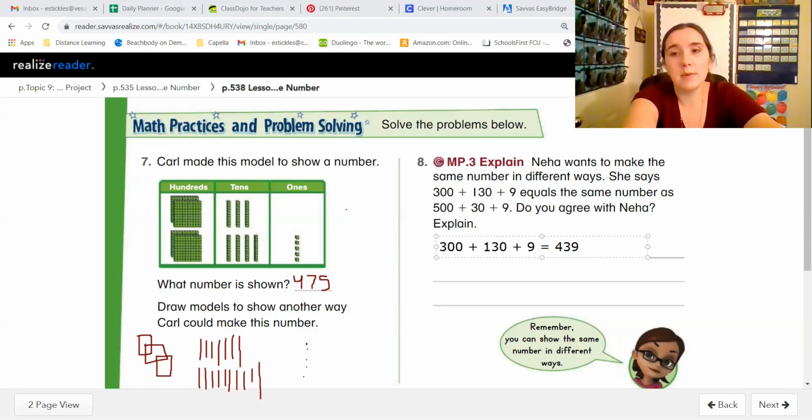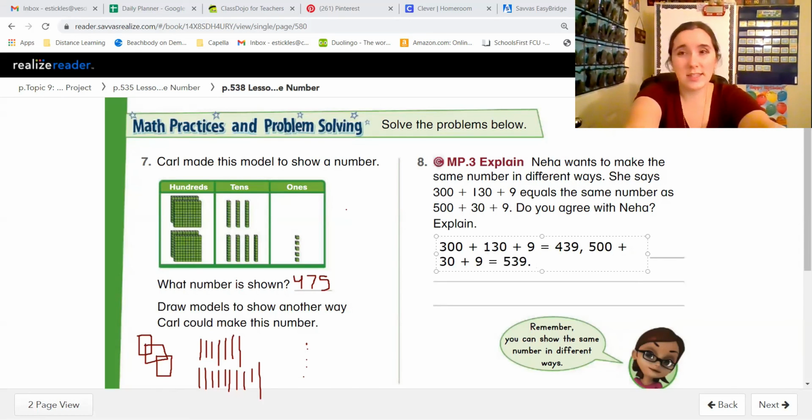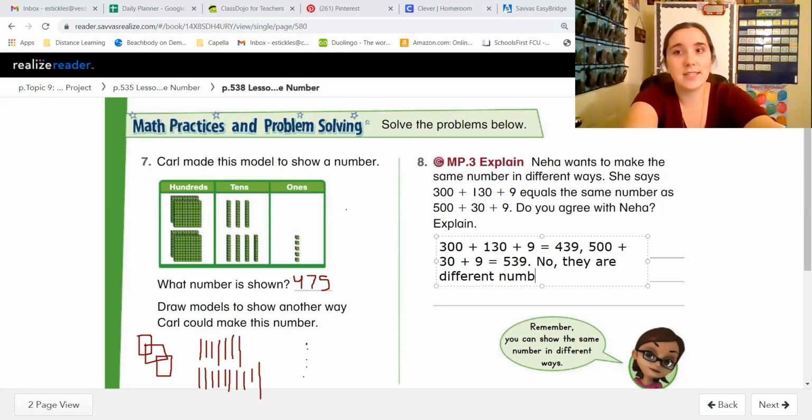And then I'm going to add up the other one. 500 plus 30 would be 530, plus 9 would be 539. So did she get the same answer for both equations? She got 439 and 539. So let's explain why we agree or disagree with Neha. I'm just going to say no. They are different numbers. Nice and easy.